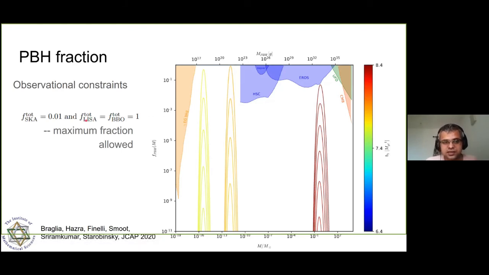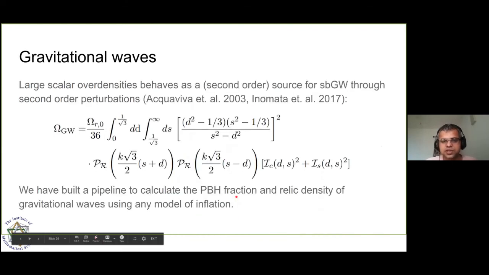So you can see that the total fraction of primordial black holes to the cold dark matter is 1 in these cases, at these scales. However, at the SKA scale, it is of the order of 0.01, so it only contributes 1%. It is actually the integration of f_PBH along the mass of the black holes.